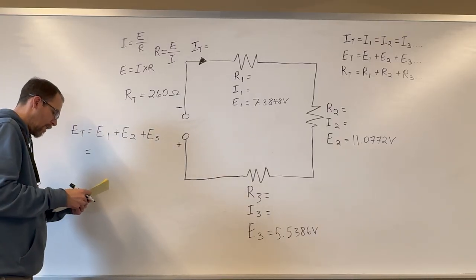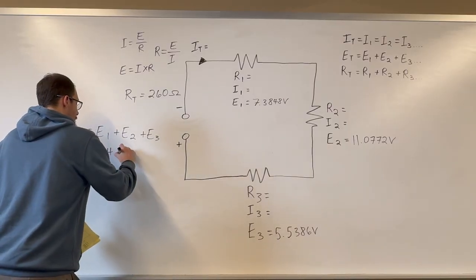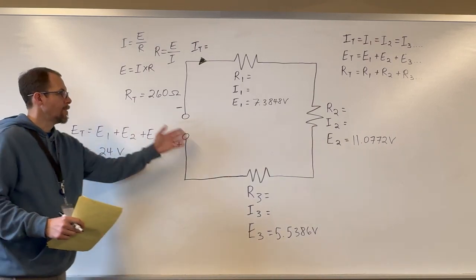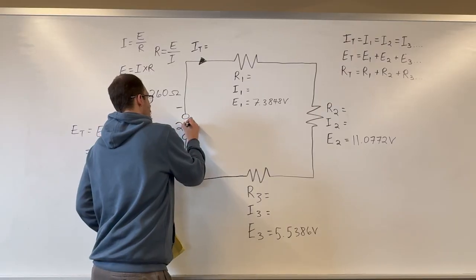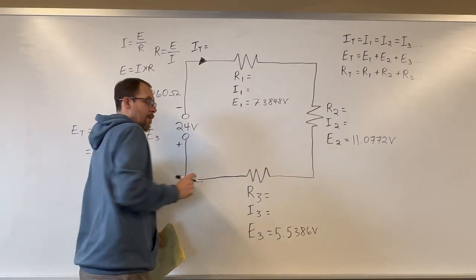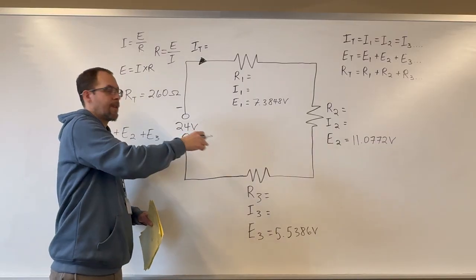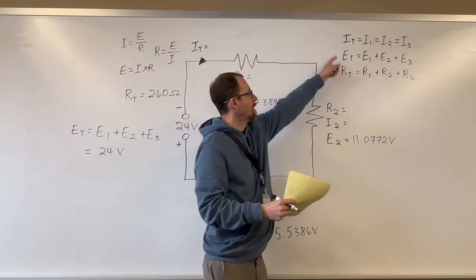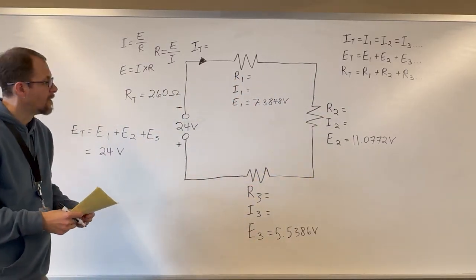I got a total of 24 volts. Now, as soon as we have this number, we want to move it back into the circuit. So let's put that right here. Remember, Kirchhoff said that the sum of the voltages equals the source. And that's what we have right here. Perfect.